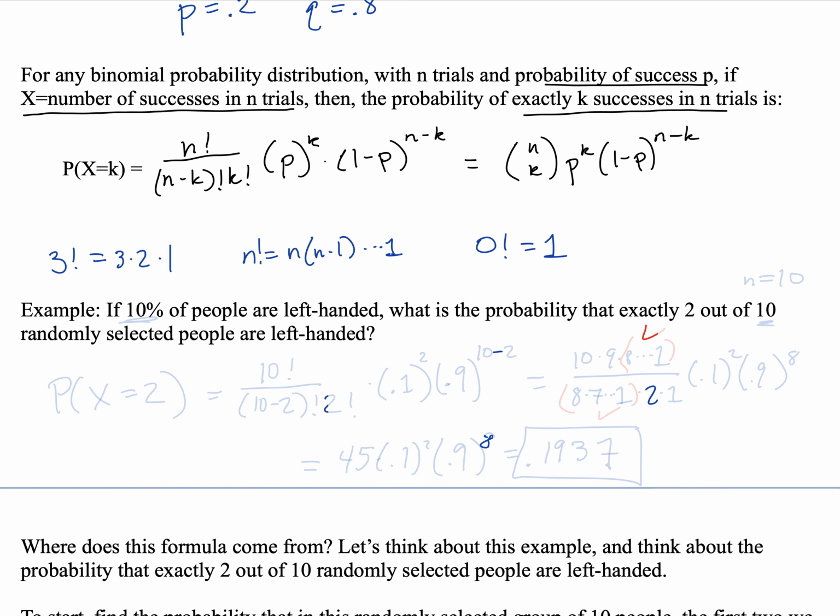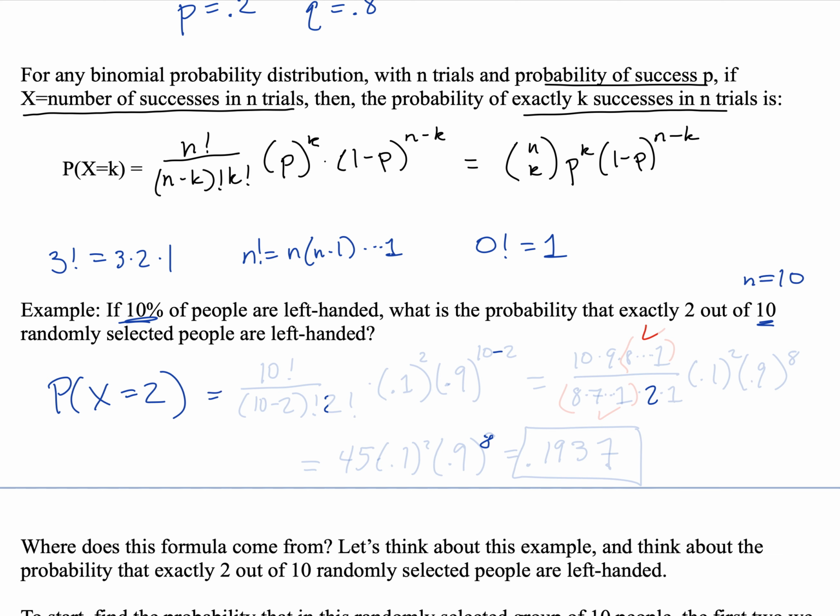So as an example, let's say that 10% of people are left-handed. What is the probability that exactly 2 out of 10 randomly selected people are left-handed? So this would be a binomial probability where we're looking for the probability that X is equal to 2. Our probability of success is 0.1, or 10%, and our number of trials, n, is equal to 10.